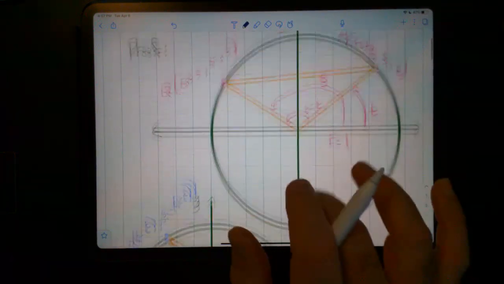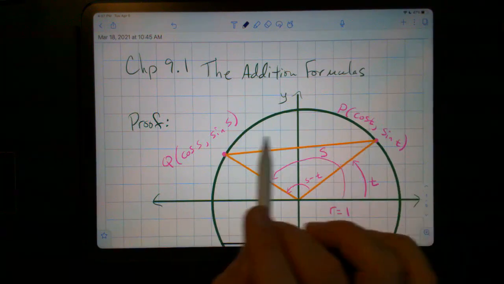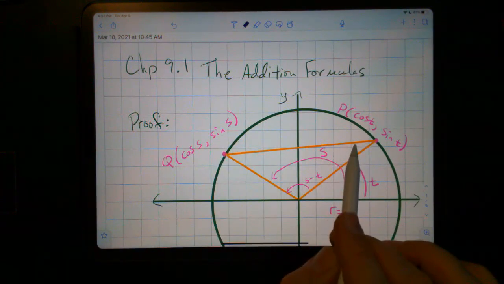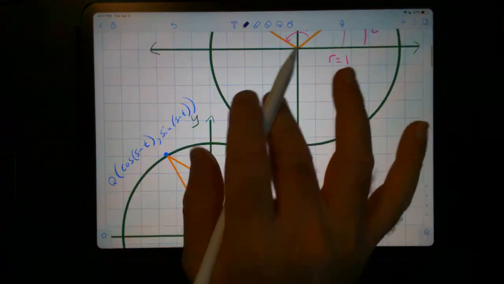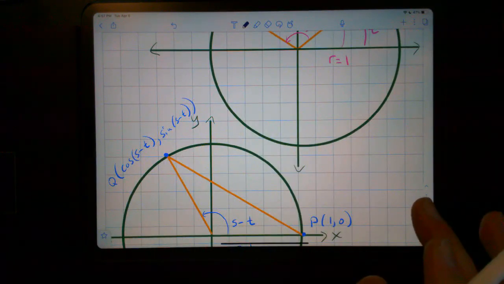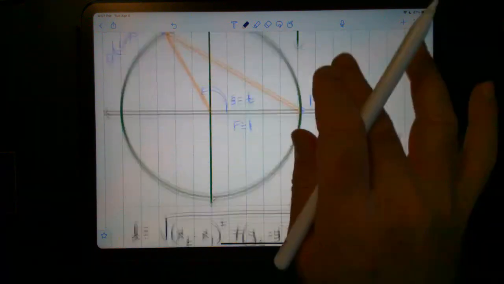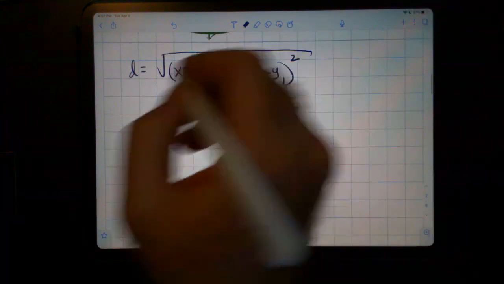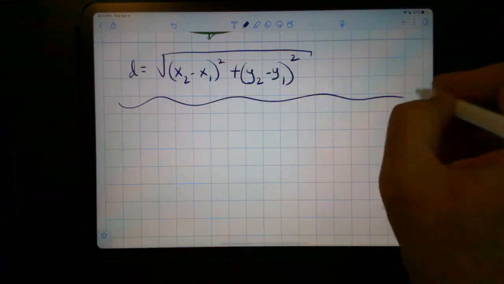So I'm going to use this to find this distance, and since it is the same as this distance, I'm going to set them equal to each other and see what we come up with. So that's the idea in mind.